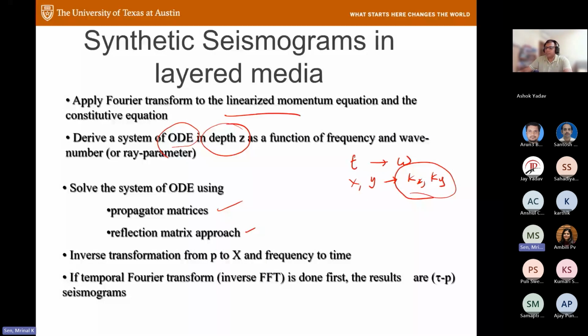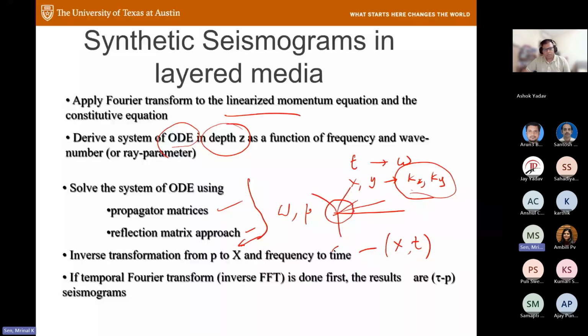But this is all done in your omega, px, py domain. Then inverse transformation from p to x will give you offset, and from frequency to time will give you time, so finally you get the x-t seismograms. There is a caveat here: in 3D, ideally you are supposed to take the transformation over x and y to go to kx ky, but for many cases you can assume cylindrical symmetry, like the models are the same in different directions.